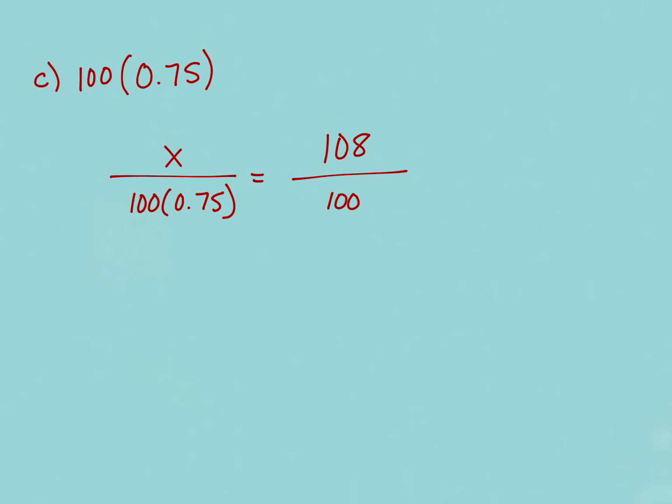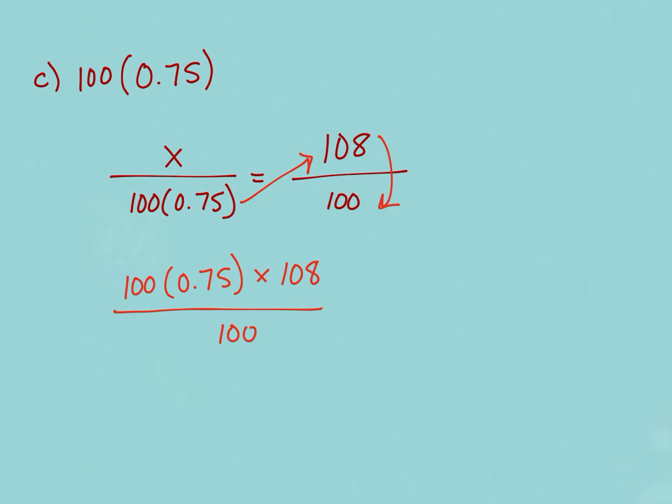So if you were to write this as an expression, you could say 100 times 75 cents, then this would be multiplied by 108, and then all of that would be divided by 100 because we cross multiplied and then divided by the answer on the bottom. This is just one expression, but there are several others that you could write as well.